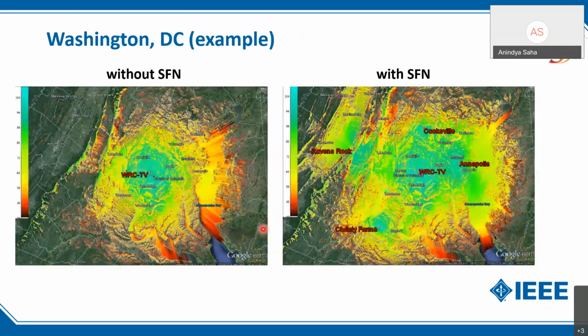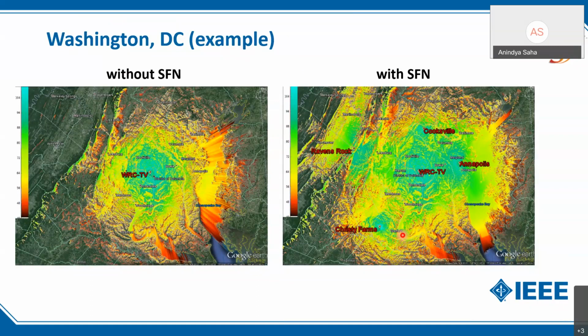Here I have shown the example of the Washington DC area, and here you can see WRC TV. This is one of the broadcasting stations. On the left-hand side, there is only a single antenna, or as they call it, a single stick. And on the right-hand side, you can see 4 additional towers, which are shown in dark red.